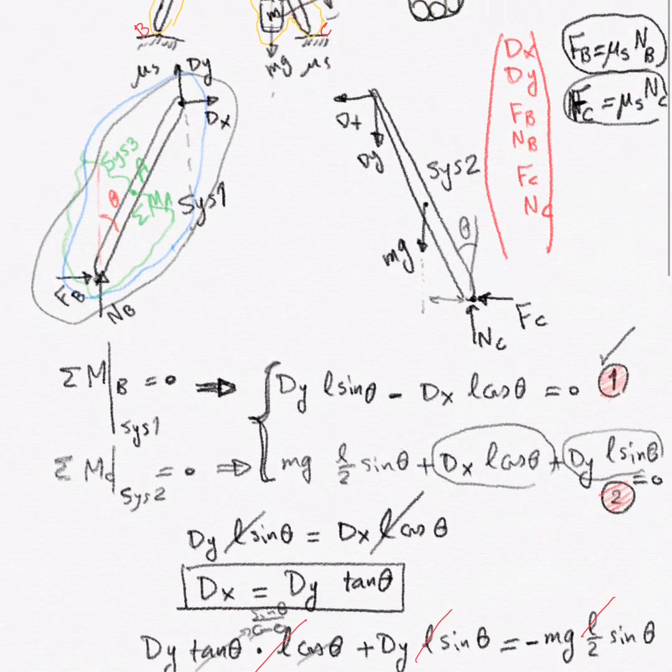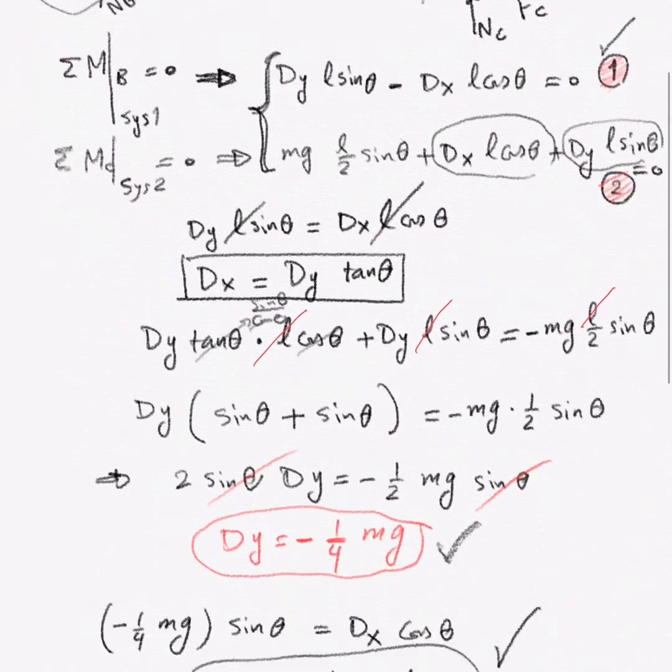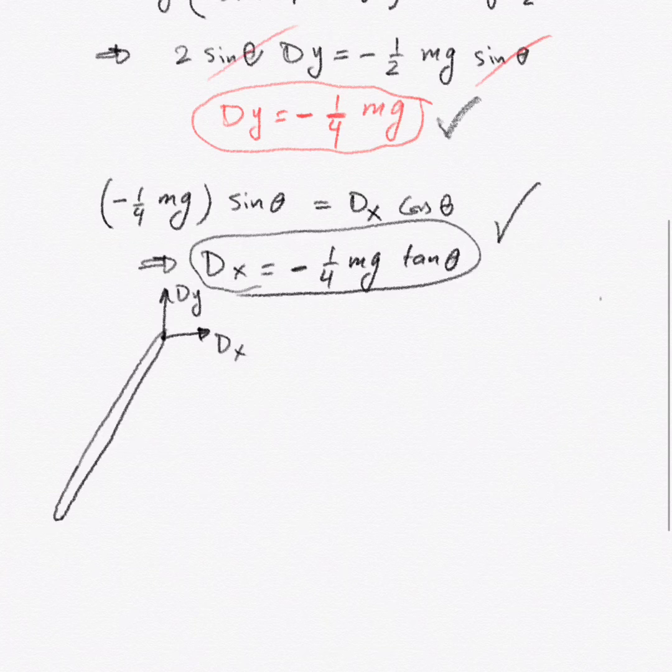Please note the sign must be preserved here, dx, dy, and then fb and nb. fb here, nb here, right? And the point that I'm trying to find is located at A. This is the point where I want to find MA, the bending moment at A. And the problem is pretty much done after I do that.